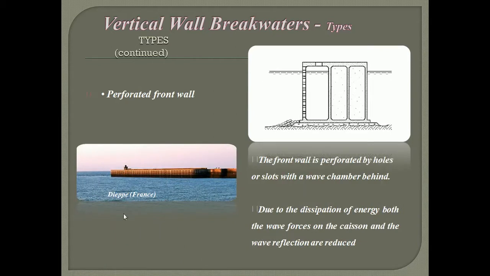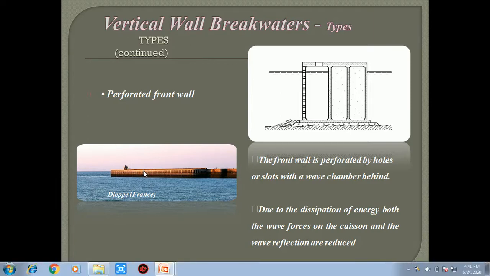Then the perforated front wall. In this perforated front wall, you can see holes with a wave chamber behind the wall, and due to distribution of energy, both the wave forces on the caisson and the waves are reduced because of this perforation. This is the diagram.